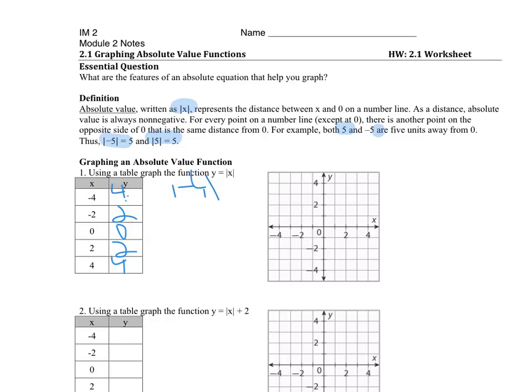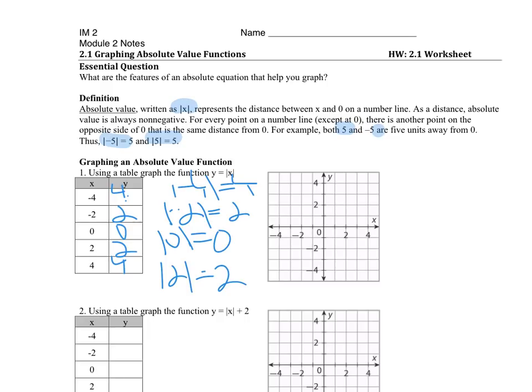We get negative 4 absolute value, which becomes positive 4. We get negative 2, which works out to be positive 2. Absolute value of 0 becomes 0. Absolute value of positive 2 is just positive 2. And the absolute value of 4 is just positive 4.